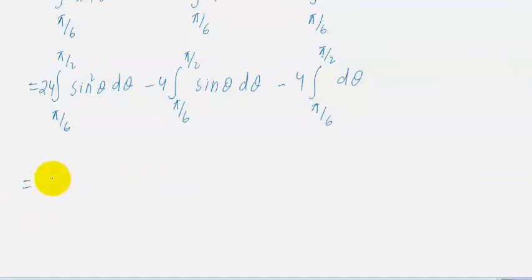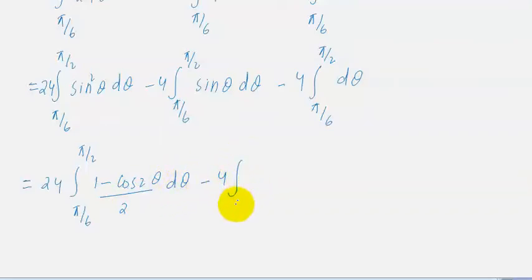In the next step, sin square theta can be written as 1 minus cos of 2 theta upon 2, so it becomes 24 times the integral from pi by 6 to pi by 2 of (1 minus cos 2 theta) upon 2 d theta, minus 4 times the integral of sin theta d theta, minus 4 times the integral of d theta.